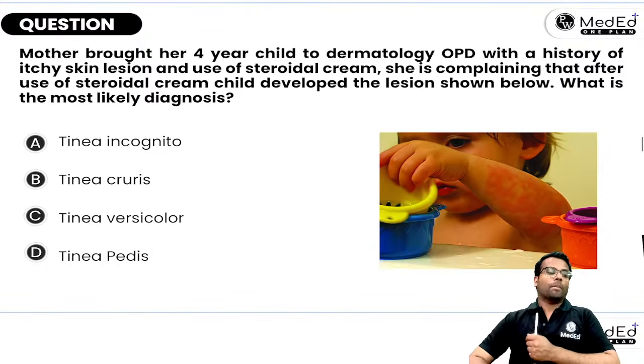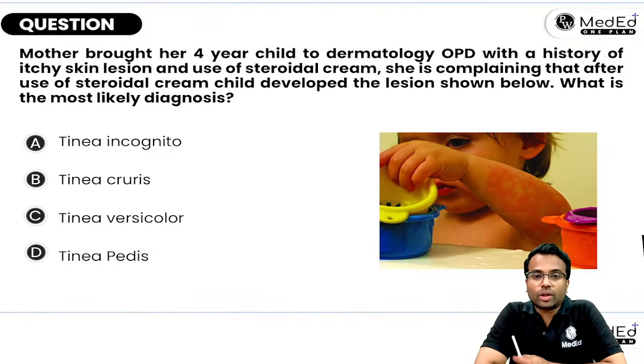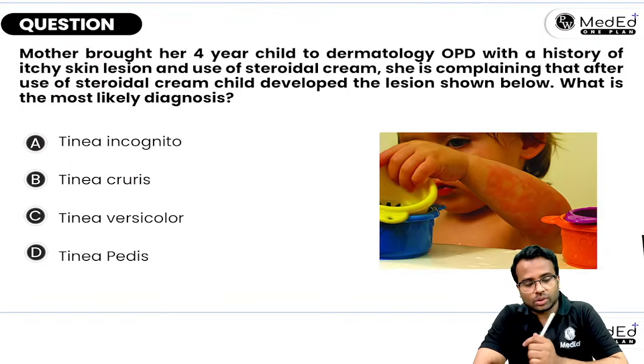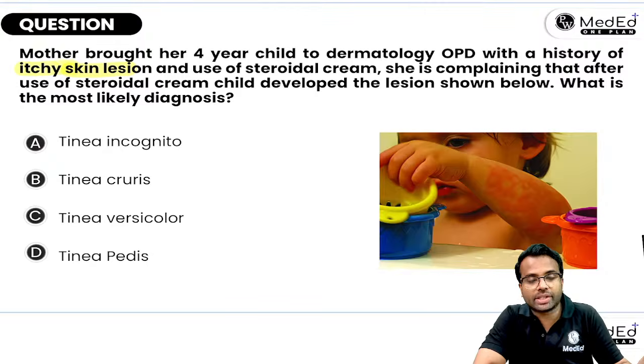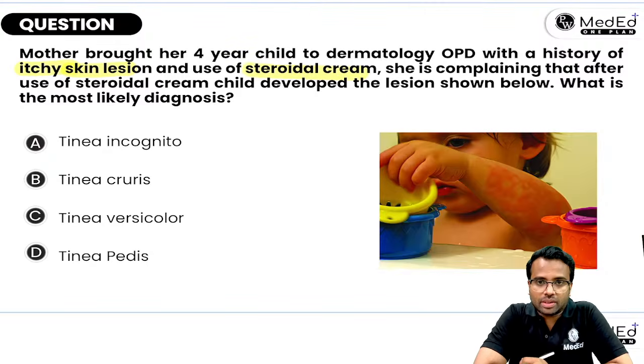Next question. A mother brought her 4-year-old child to the dermatology OPD with a history of an itchy skin lesion and use of steroidal creams. There was some itchy lesion in the skin, and the mother had used some steroid creams. Now she is saying that after the use of steroidal creams, the child developed the lesion as shown below.